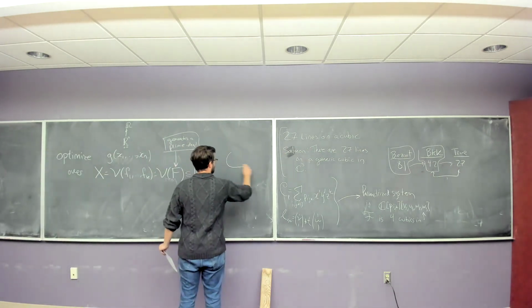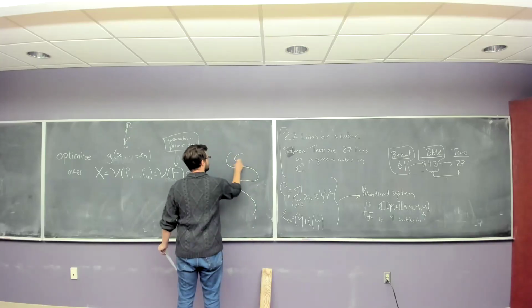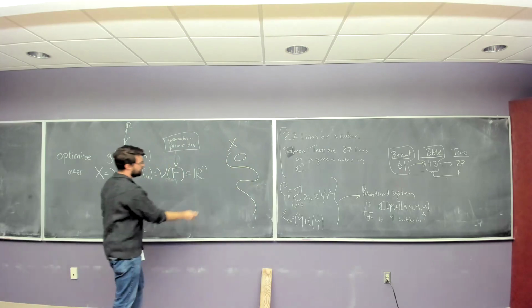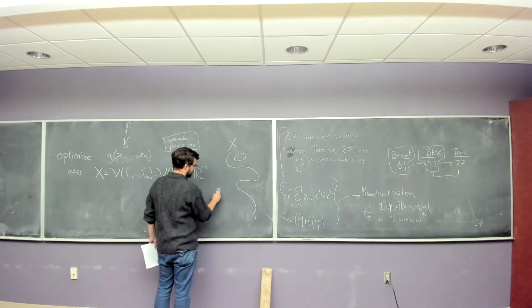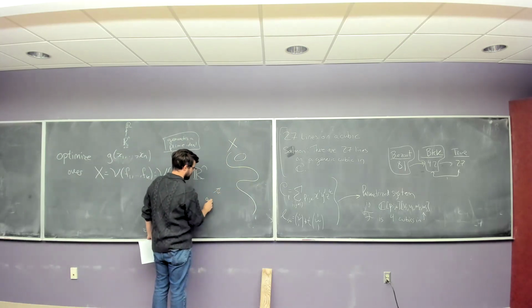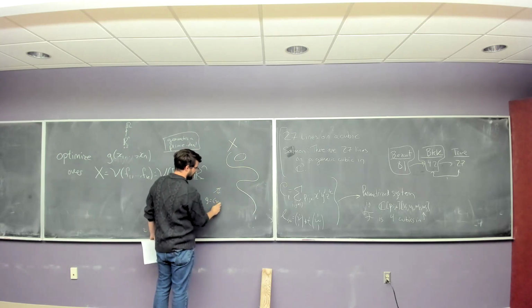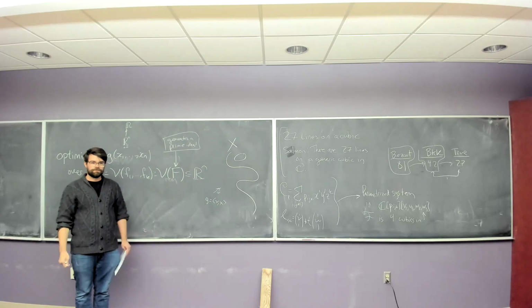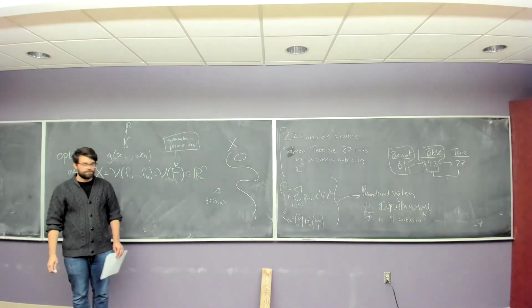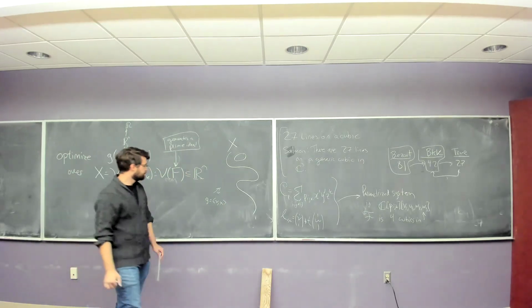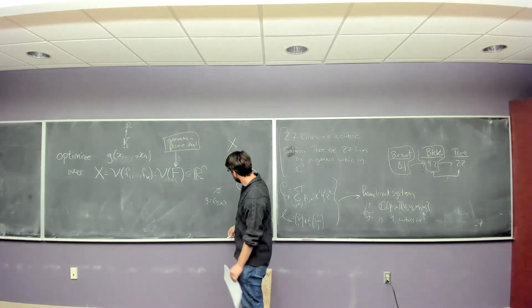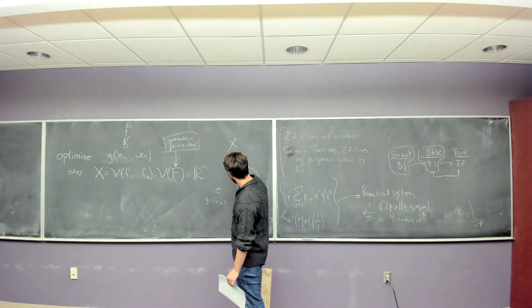So let me have a variety. This is my variety. And let's say I have some vector v, and g is just taking the dot product with it.